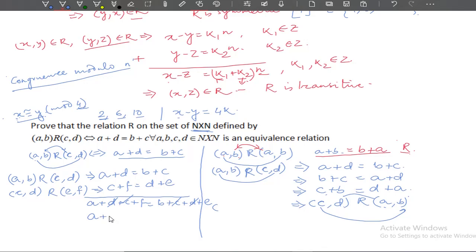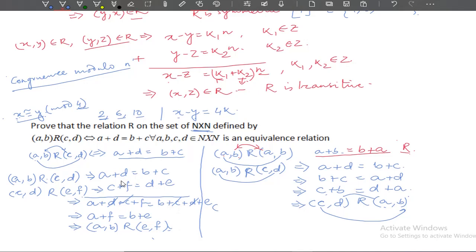So a plus f equals b plus e. So (a,b) is related to (e,f). (a,b) is related to (c,d), (c,d) is related to (e,f), this implies (a,b) is related to (e,f). So the relation is transitive.